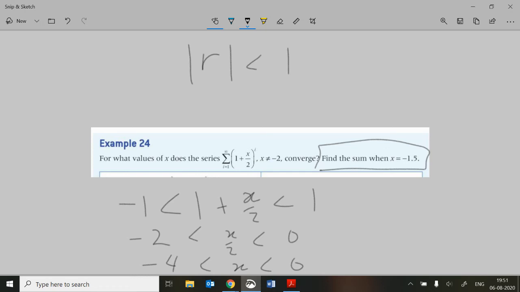Well, that's going to be pretty straightforward because we can then use our sum to infinity. Okay, the sum to infinity is going to be equal to a, and a is going to be 1 plus x over 2. That's -1.5 over 2 divided by 1 minus r, 1 minus this thing here.